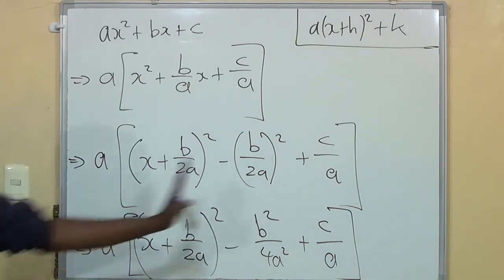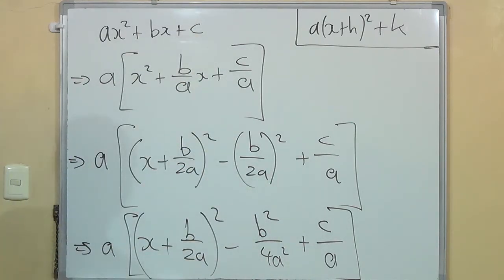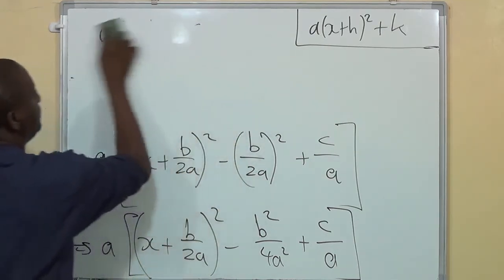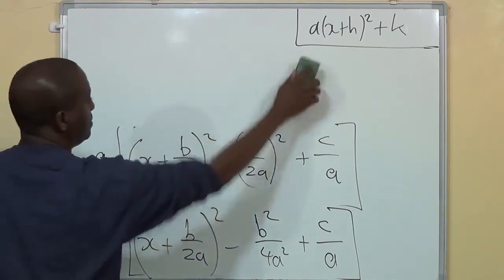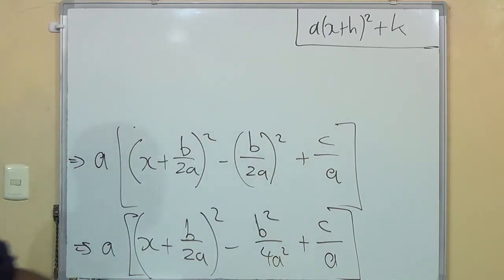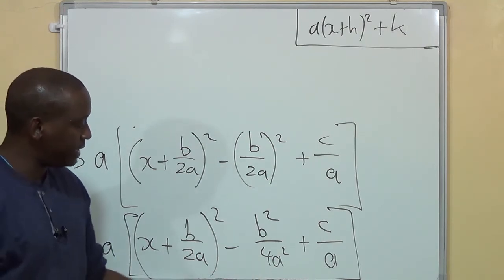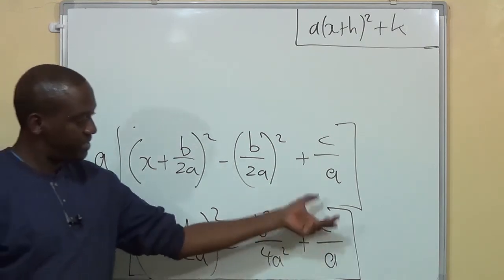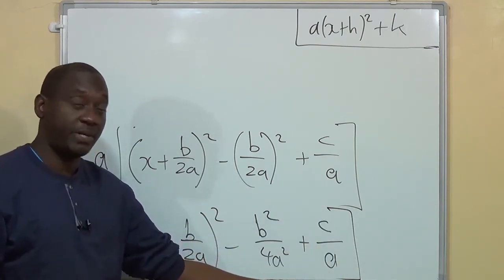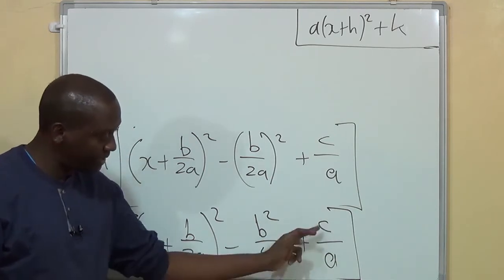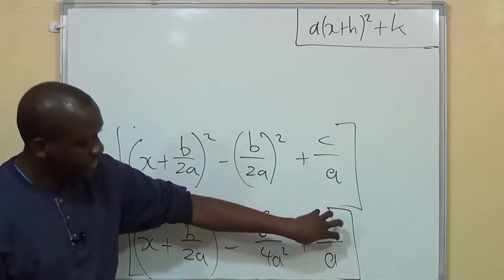The only sensible choice of denominator here would be 4a squared, right? Whatever we do to the denominator to express this fraction as something over 4a squared, we will also do to the numerator.